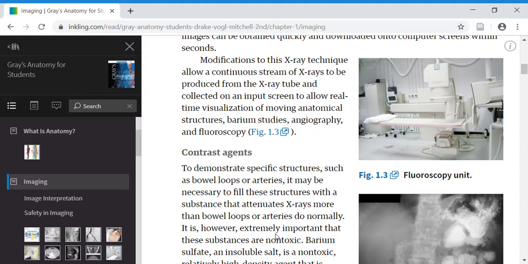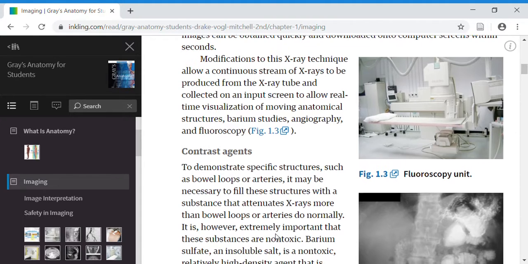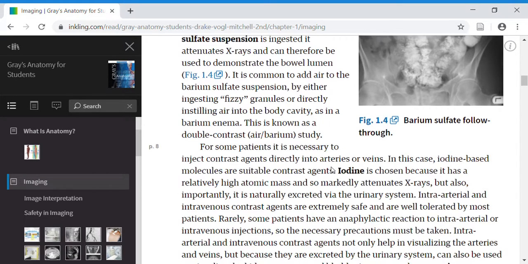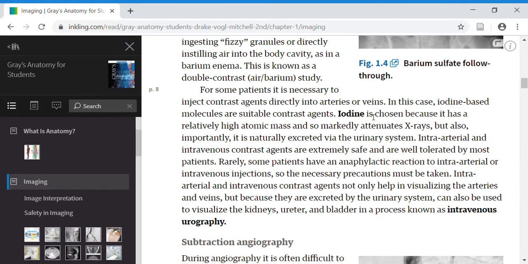Contrasting agents are used, and a fluoroscopy unit is used. Contrasting agents are used to get a detailed view of internal organs. The best contrasting agent is barium sulfate suspension, and you have iodine, another contrasting agent.